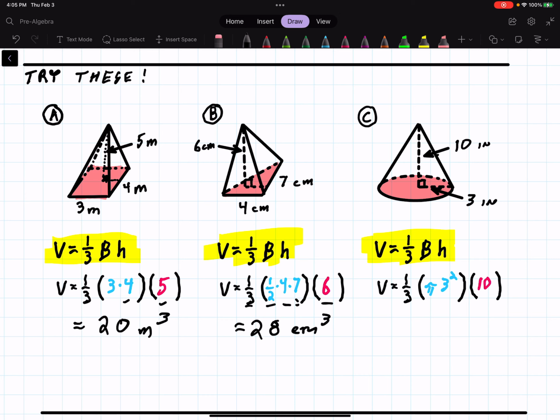And finally, on the cone, we end up with, I'll write this out, 1/3 times 9 pi times 10. If we multiply that out, 1/3 times 9 is 3. 3 times 10 is 30. We end up with 30 pi inches cubed. And those would be our three answers to those problems. And that's today's lesson.